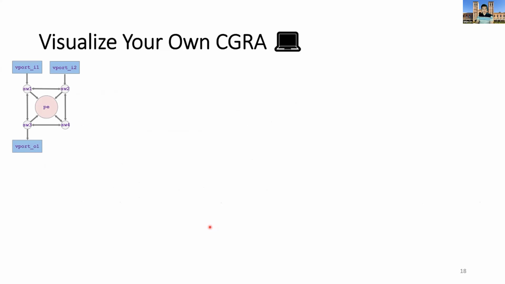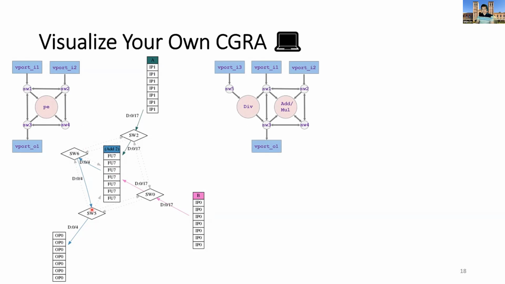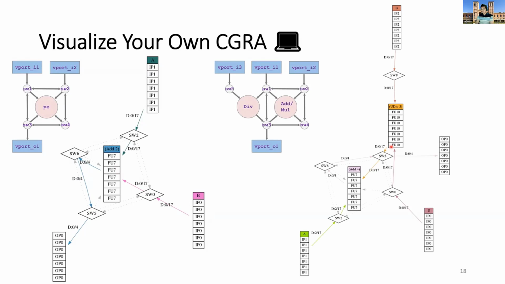So initially we have this CGRA, right? And by visualizing it, you can see that it's actually doing the add by taking two inputs and doing the operation in the function unit and routing it to other switches and out to an output vector port. And when you add a new processing element which can do division, you can map a division operation onto it.